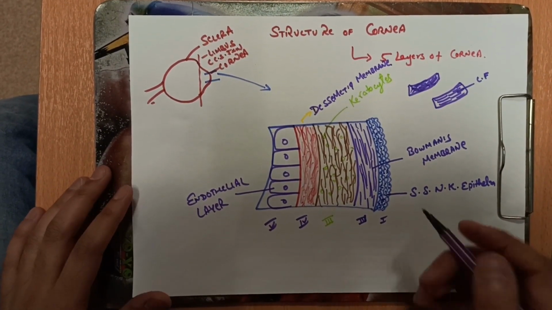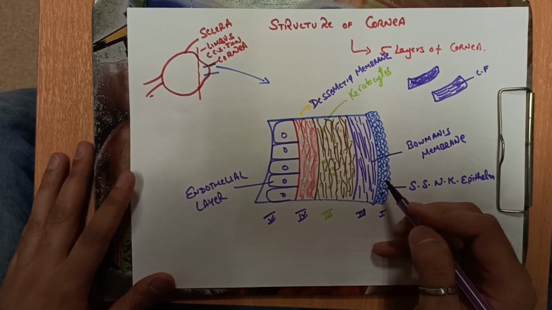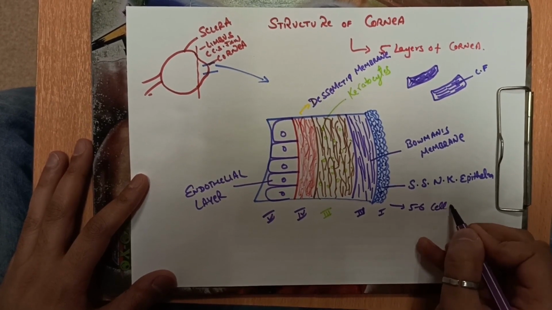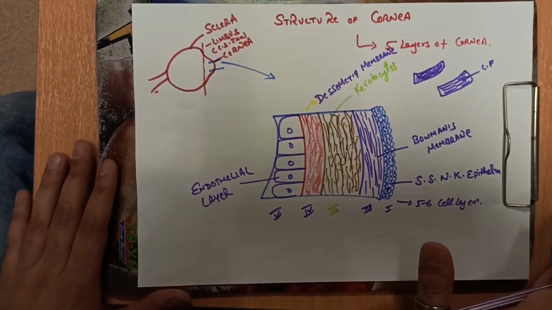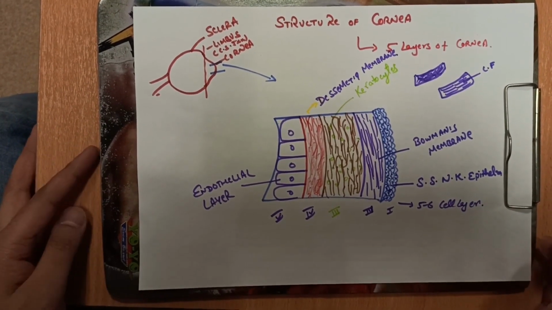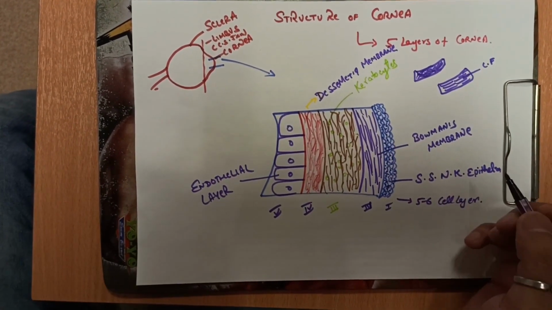I've already told you that the first layer is made up of non-keratinized stratified squamous epithelium. These are about 5 to 6 cell layers. Since the epithelial cells contain a nucleus within them, the nucleus might be containing DNA. So this layer must be protected from sun rays.